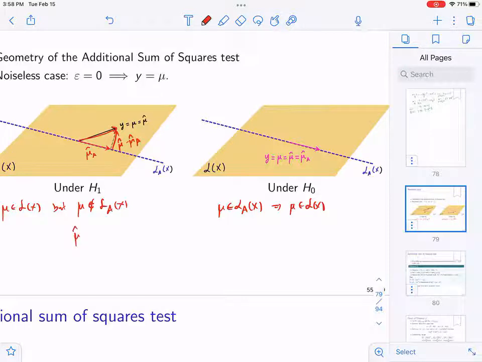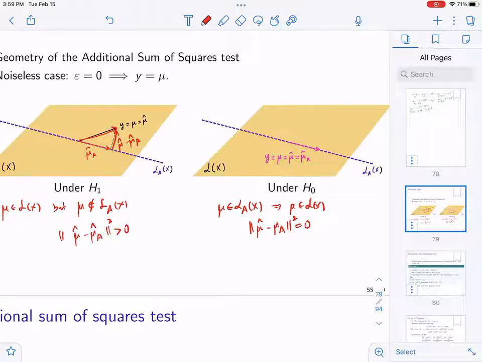Now, when you have noise, this is mu hat minus mu hat A, strictly bigger than 0 here. This is equal to 0. So based on this, or this squared, we're just looking at the size of the difference. We can tell the 2 cases apart.